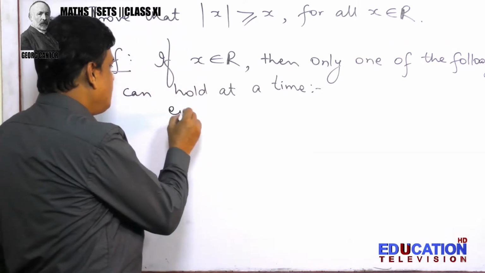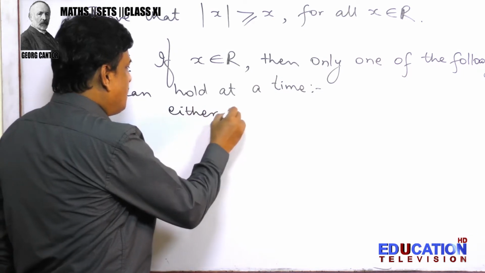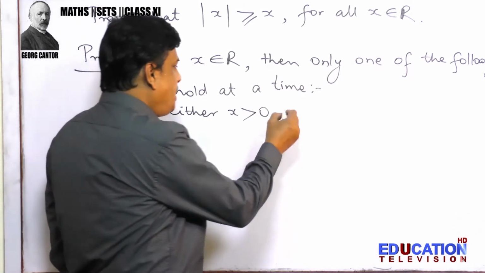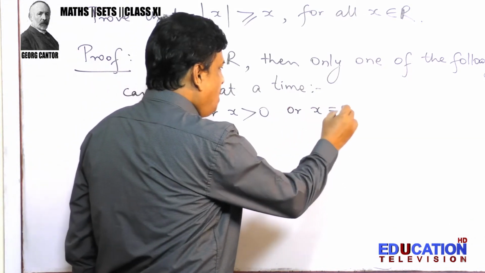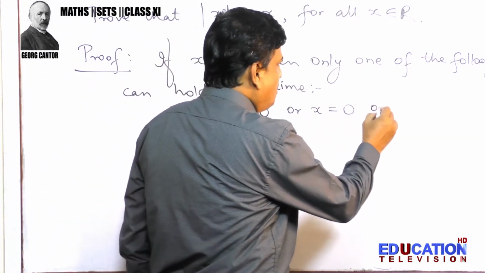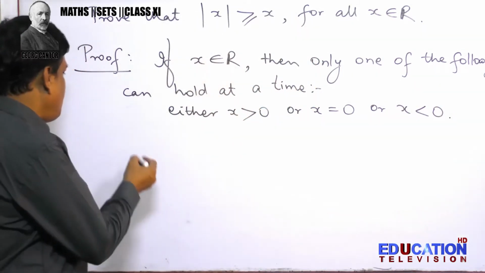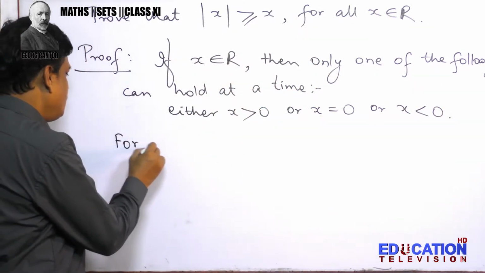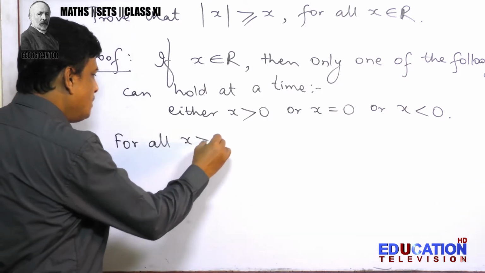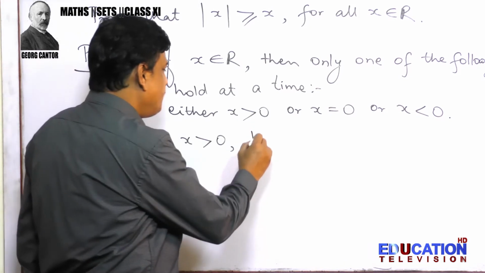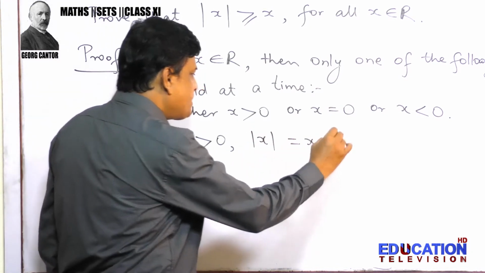Either x is greater than 0 or x is equal to 0 or x is less than 0. For all x greater than 0, modulus x is equal to x.